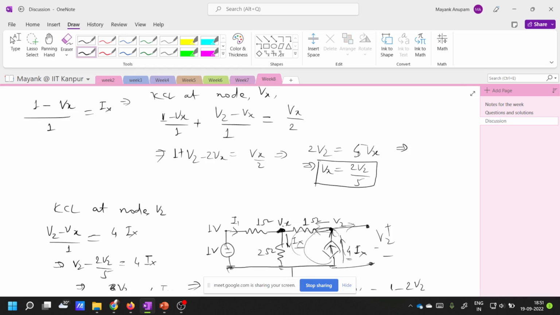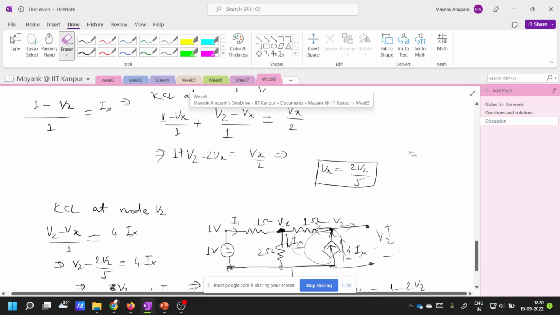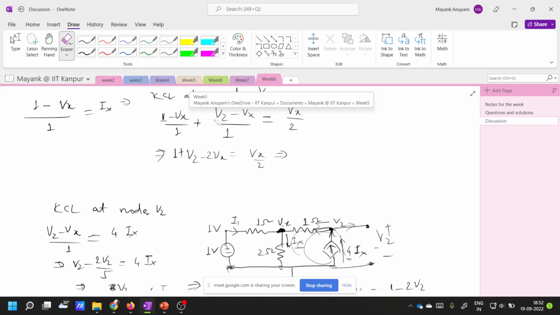It's unfortunate. Okay, fine, so let's do it again here. Now it is correct, right? So 1 plus V2 minus 2 Vx is equal to Vx by 2. So 2 plus 2 V2 is equal to 5 Vx.